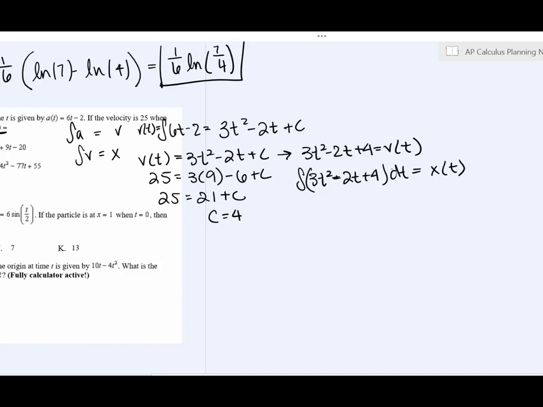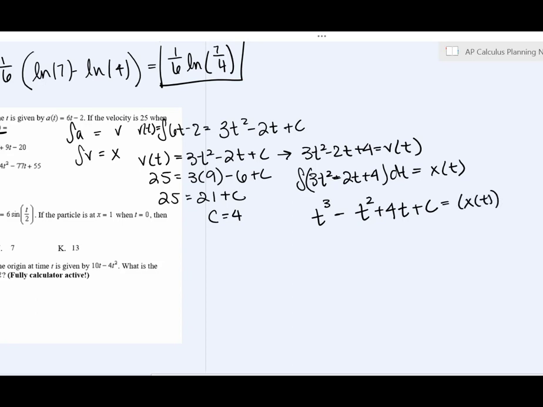So we're integrating to get rid of that derivative to find that position function. So we have a t, that 2 becomes a 3. Divide 3 by 3, I get 1. We have a t, that t becomes a squared. 2 divided by 2 is 1. We have a plus 4t. And remember, we don't know that constant.